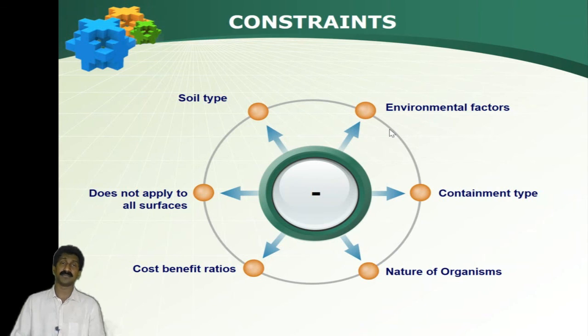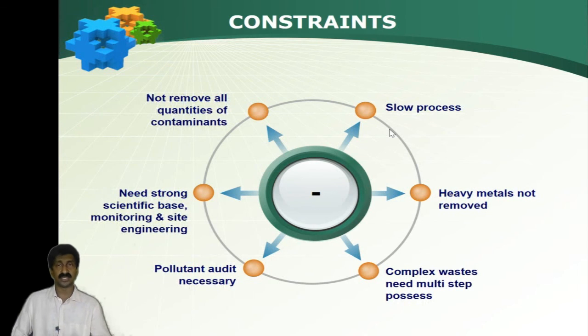Then the soil type, if the soil is contaminated, is also important while deciding on a remediation technique. Then another one: compared to chemical and physical processes, this is a slow process, and heavy metals are not removed.